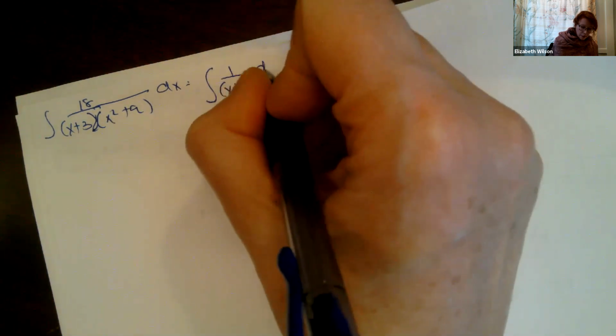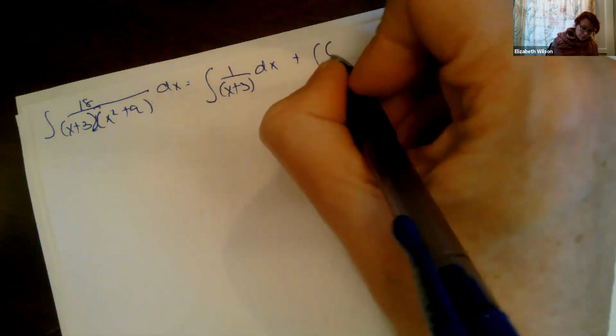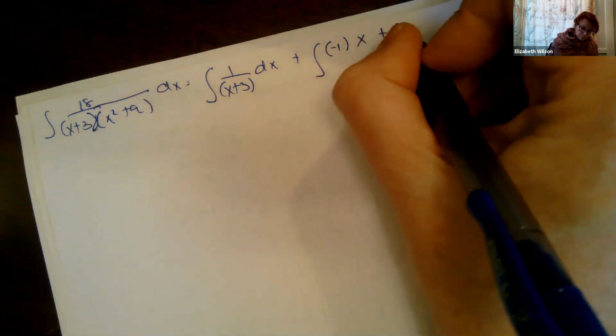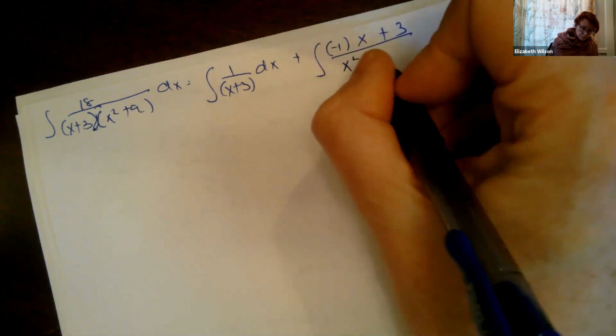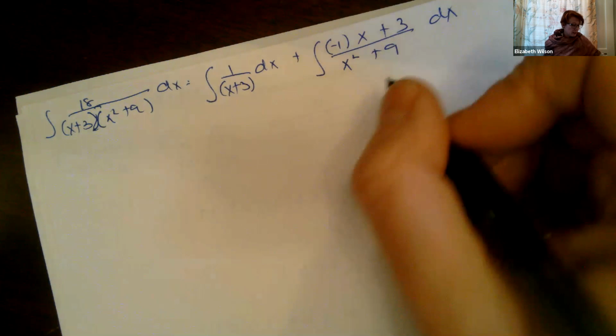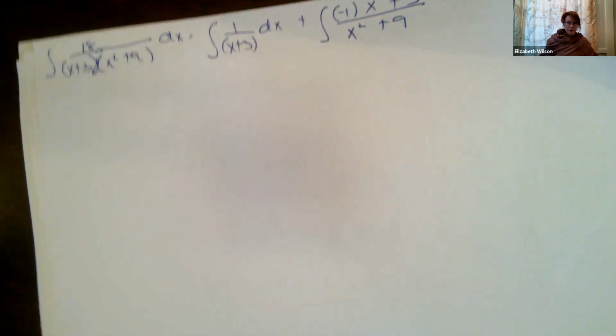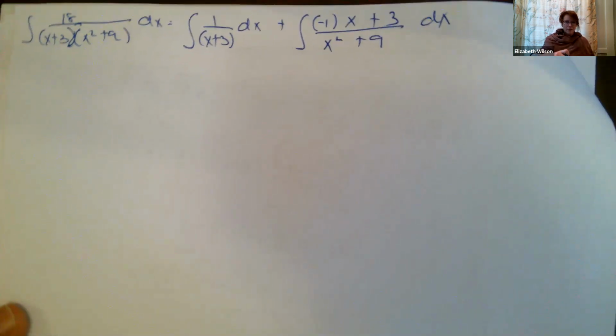So this is 18 all over x plus 3 x squared plus 9 dx equals integral of 1 over, I'm just copying it, dx plus okay, so this is where we're at. Sorry, you can't see that. Let me get the camera.